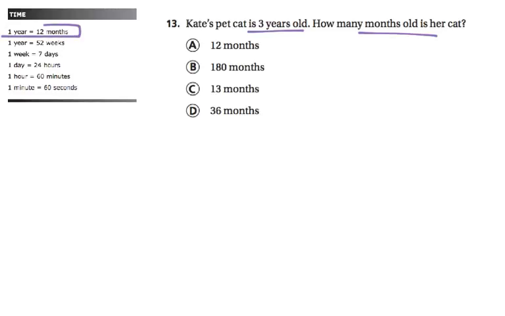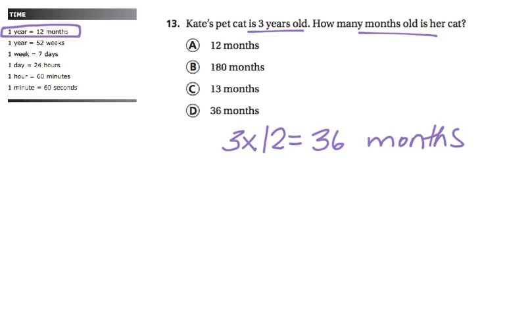I get to use the same conversion. 1 year equals 12 months. So 3 years is going to be 3 times 12, which would be 36 months. Ooh, I didn't do the best job of filling that in. I'm using my stylus.